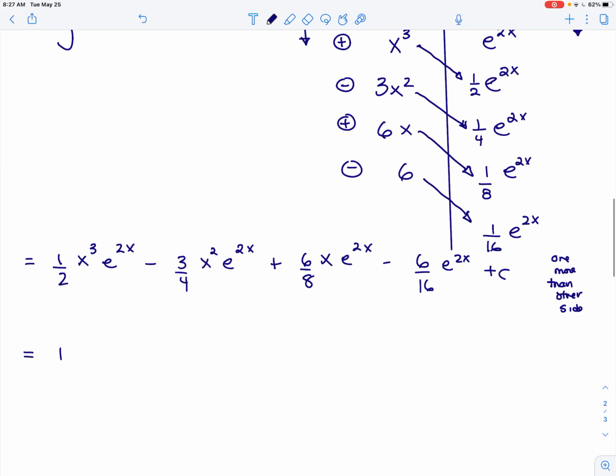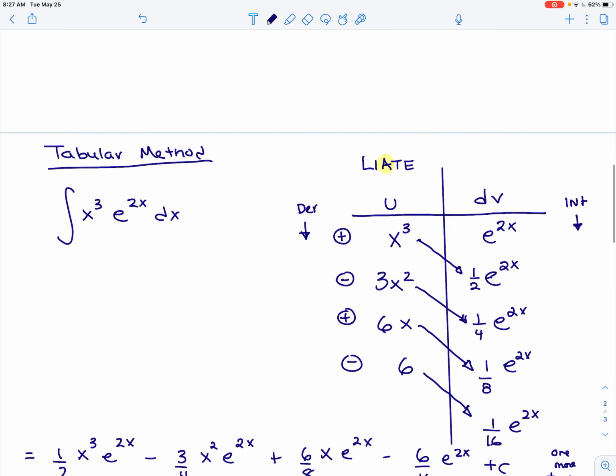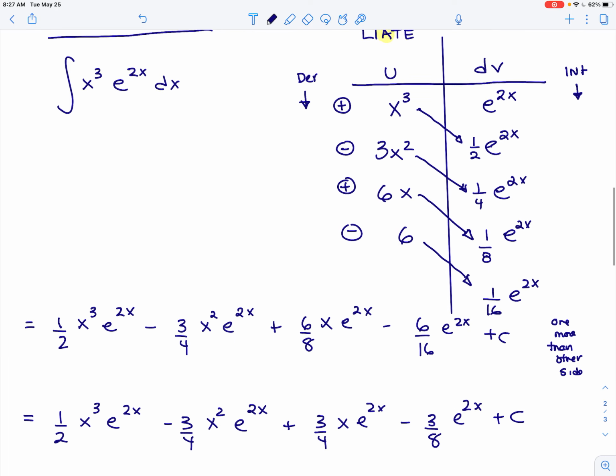And then if I clean this up, what's that, 3 over 4, and then what's this, 3 over 8. Okay, and then I can just look up and I should get the same answer.